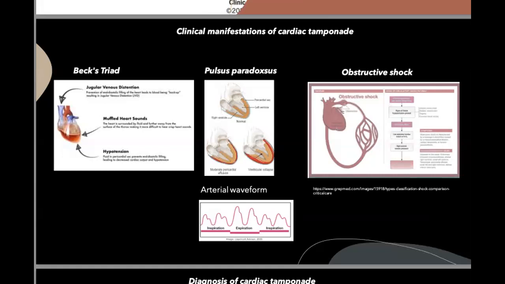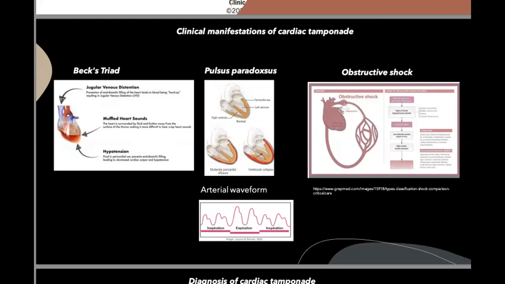And this is so in cardiac tamponade, people will have this, but it is also for other diseases as well, such as pulmonary embolism, I guess, and the pneumothorax as well.